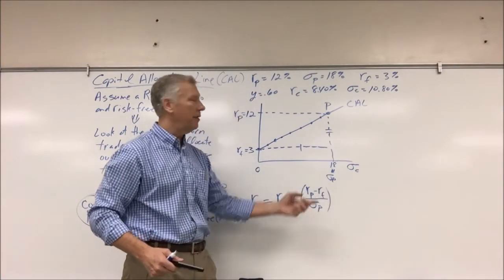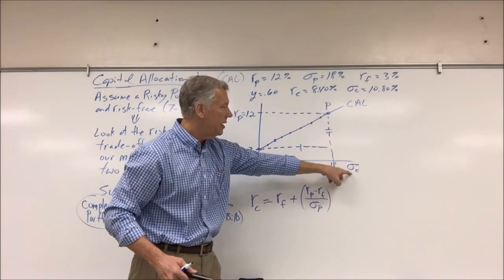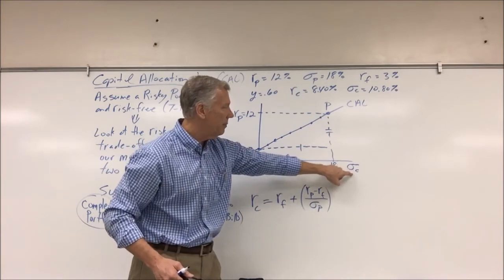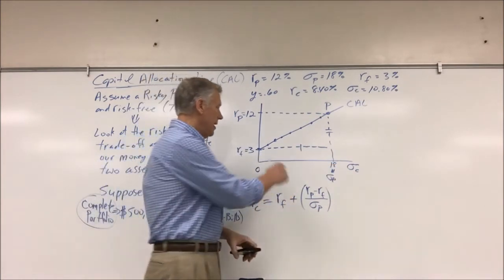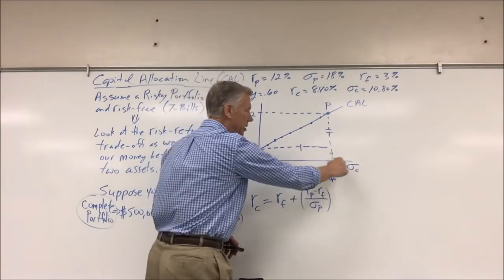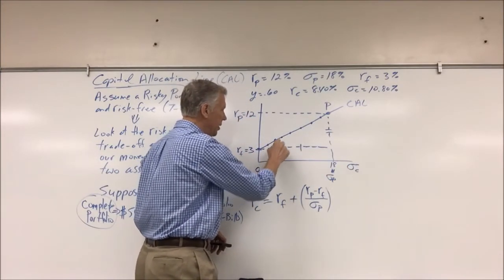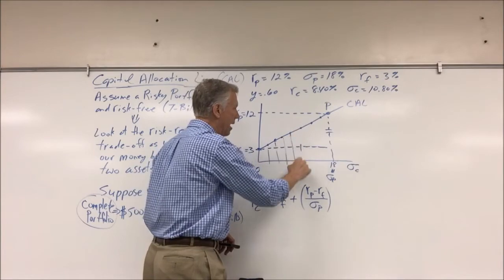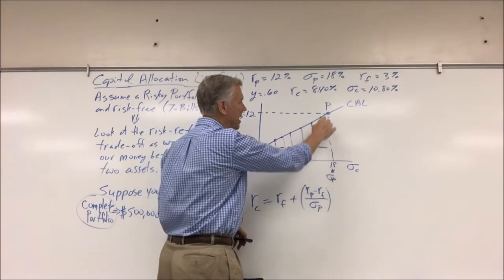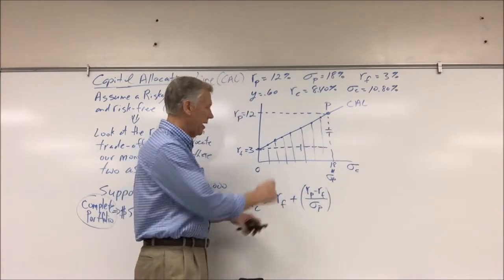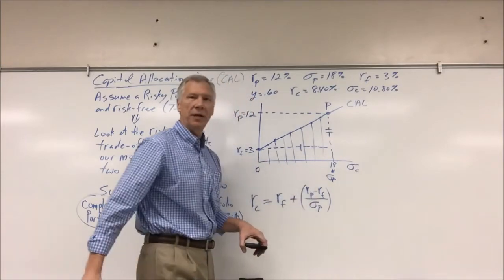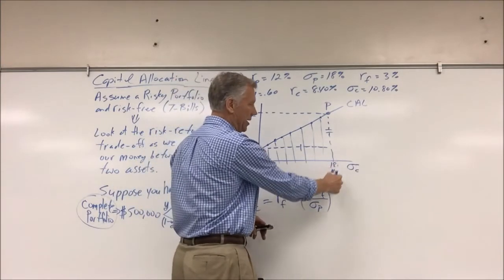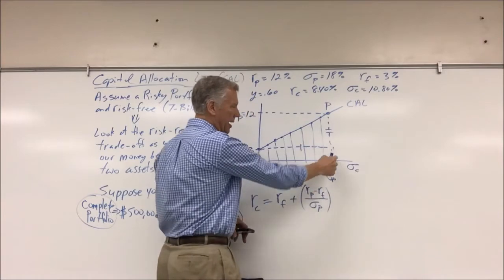And what is changing here? The independent variable is sigma C. Remember, as we move along here, each of these points represents a different allocation between the risky asset and the risk-free asset. Each one of these will have a different sigma C. It just so happens here the sigma P is sigma C way out this end.